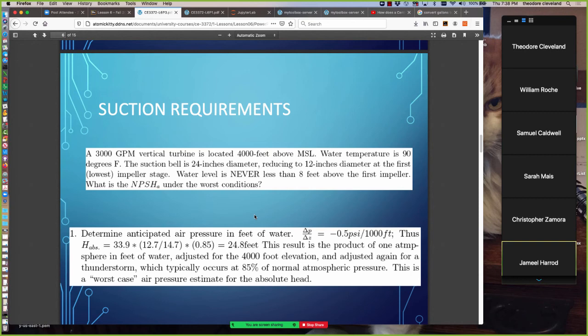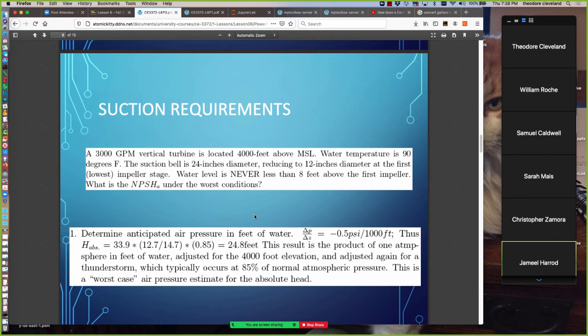We also can take into account that if there's a thunderstorm immediately above the pump station, those usually occur at about 85% of normal atmospheric pressure. So first we'll figure out what the pressure is at 4,000 feet, and then we'll take 85% of it to account for a storm cell being overhead.